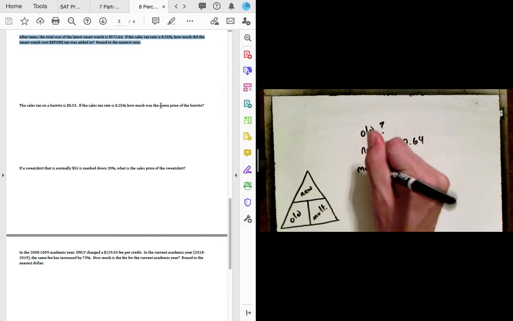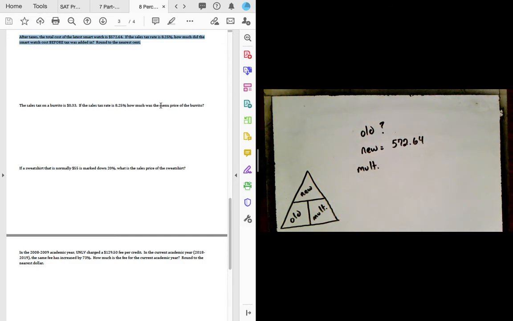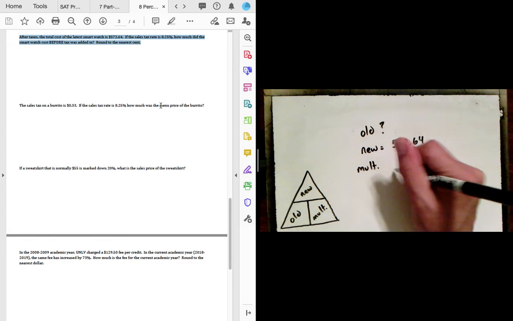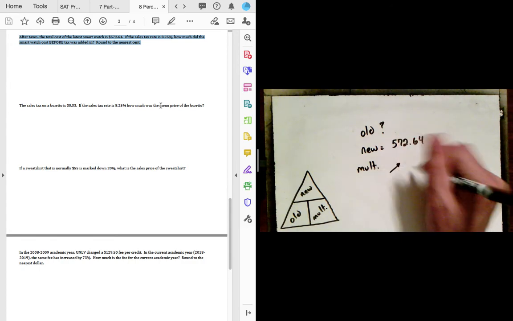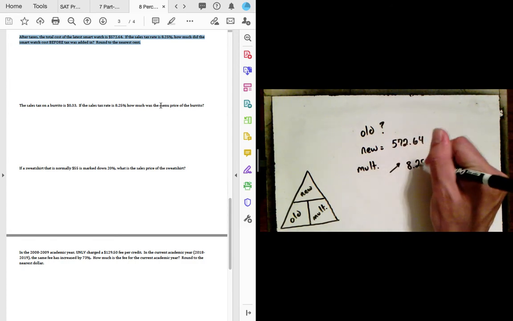So we need to figure out how to work the multiplier. The sales tax rate is 8.25%. This is always an increase, right? When you go to buy something, the sales tax is added on to the cost. And so our multiplier here is going to be an increase of 8.25%.